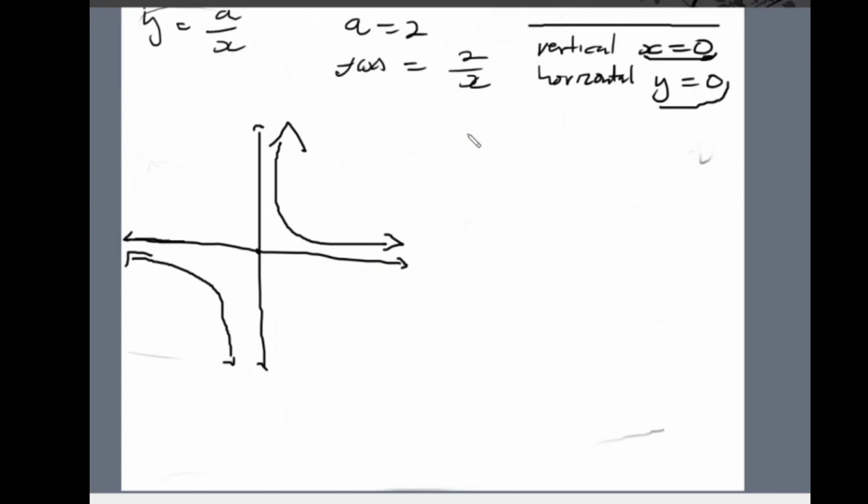Now coming back to the domain and range, so we'll say the domain is all the real numbers for x, but x cannot be 0. If x is 0, our function will be 2 over 0 at some point, which is not possible because we cannot divide by 0, right?